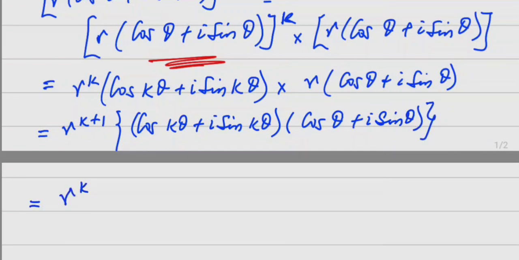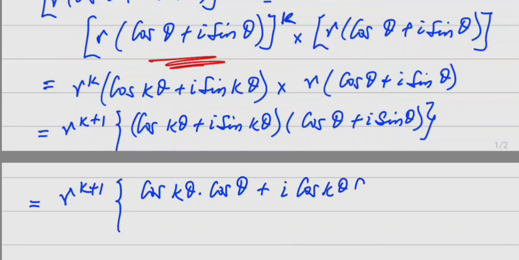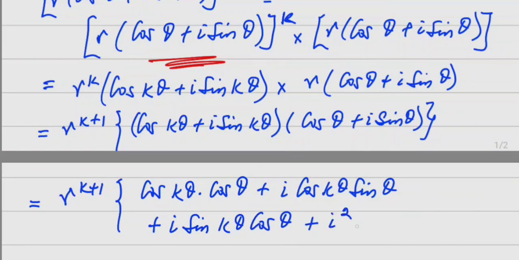And this will be r raised to power k plus 1 into, let's open the bracket: you have cos k theta multiplied by cos theta, then plus i cos k theta sin theta, then plus i sin k theta cos theta, plus i squared sin k theta sin theta. So that is what we have.